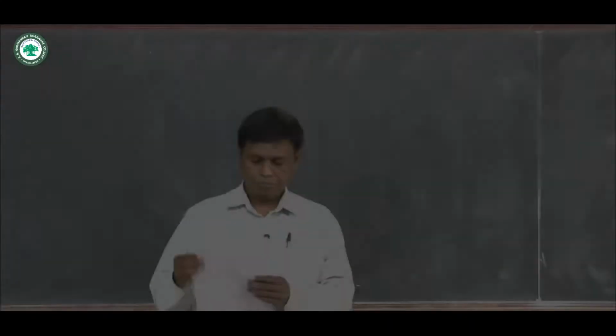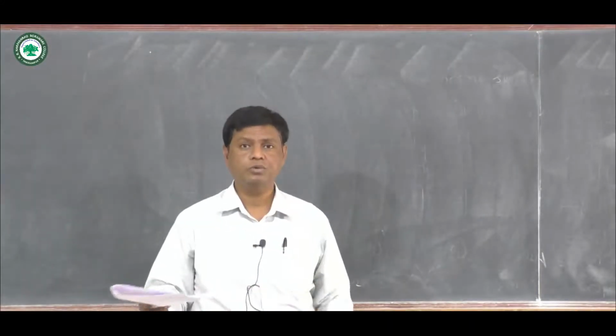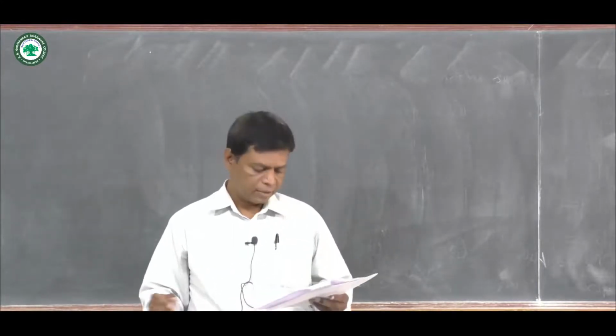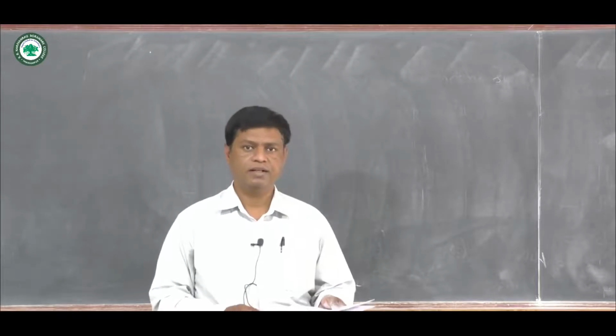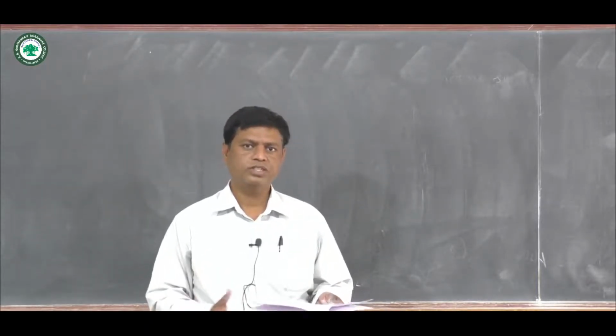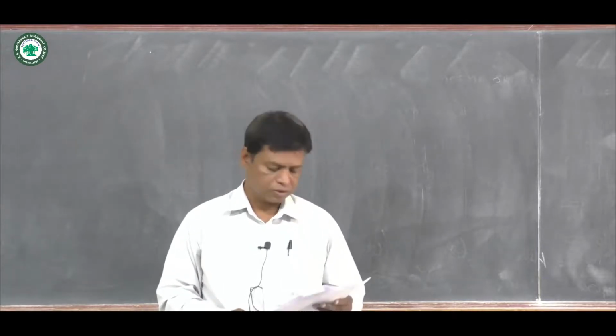Now for the converse part, we are going to consider xn and yn are Cauchy sequences in X and Y respectively. Then we are going to prove that the sequence (xn, yn) is a Cauchy sequence in the product space X cross Y here.